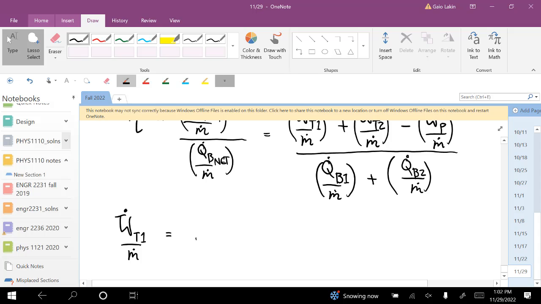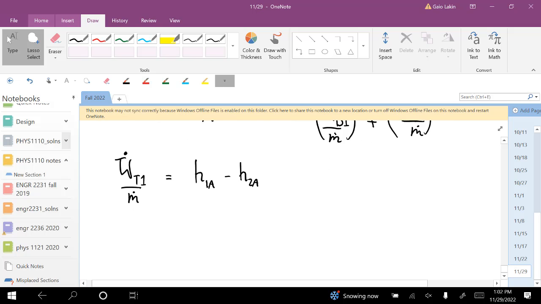So this is just going to be H1A minus H2A. This ratio for turbine 2, this is the one that goes from 1B to 2B. So this is just going to be H1B minus H2B.